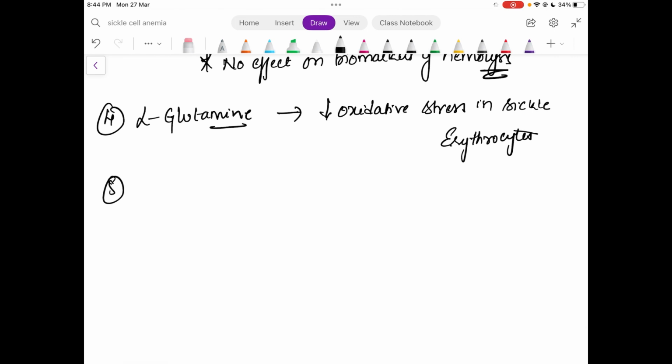Next, what treatment can be offered in patients? Transfusion. Blood transfusion can be done in sickle cell anemia. There are indications for doing blood transfusion. What are these indications?